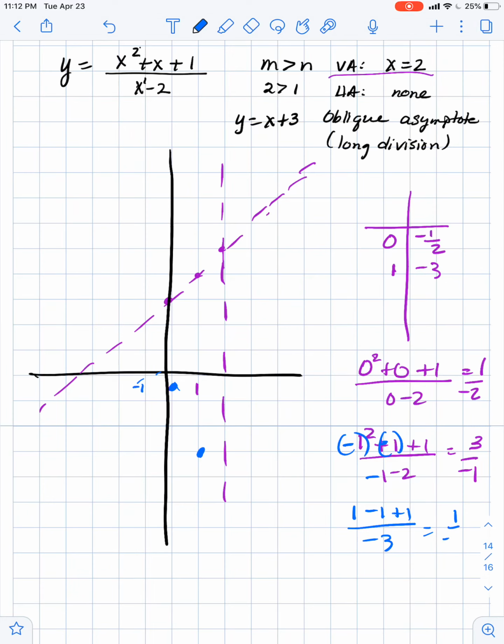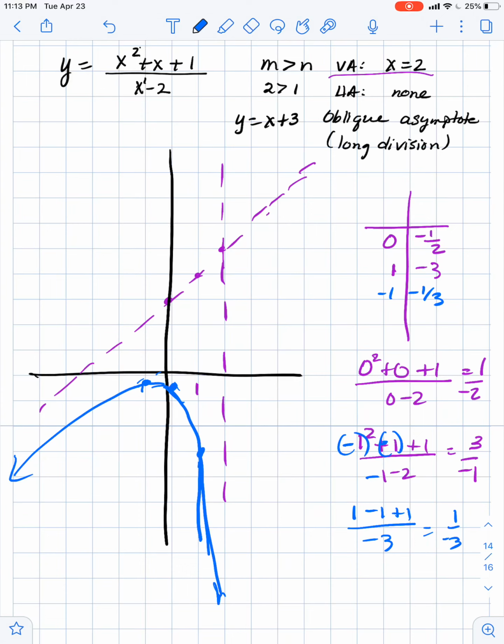So that's negative 1/3. So at a negative 1, I'm at a negative 1/3, just a little below there. Okay, so here is my graph. And again, those are my asymptotes, so it's going to come on down like this.